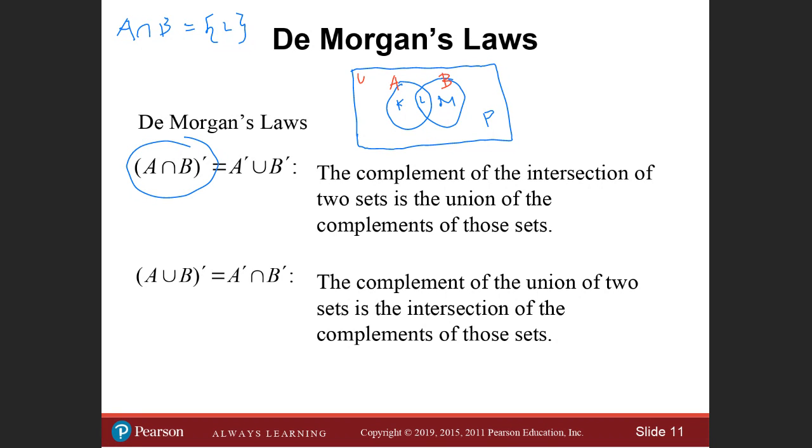And then the next one, it says the complement.